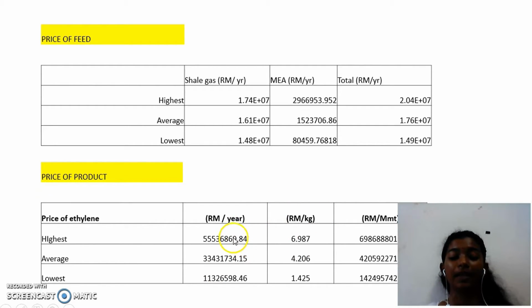And so the price of ethylene per year is this, and then the price per kilogram is also calculated, the highest value and the lowest value. The average is when we add the highest and lowest and then divide by 2 to get the average value. And we also calculated the RM per MMT value, highest and lowest as well, for the product, which is ethylene.